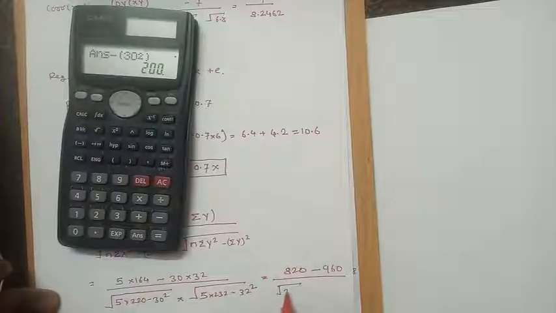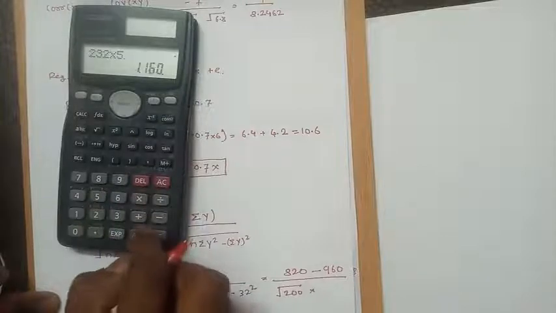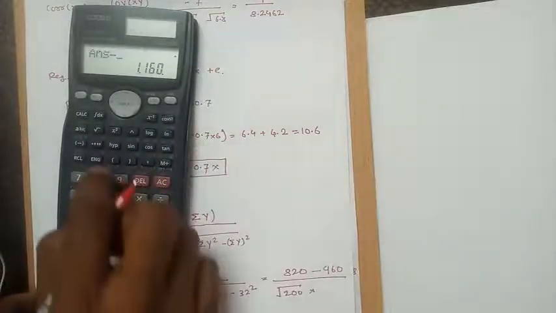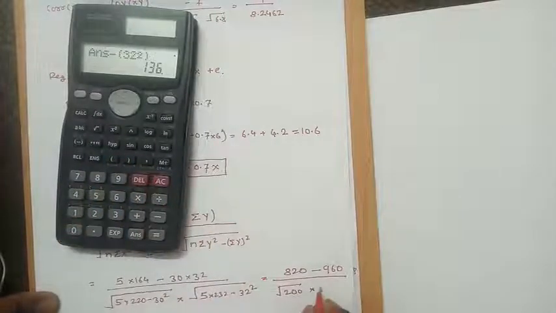So square root of 200 into 232 into 5, 1160 minus 32 square, which is 136.